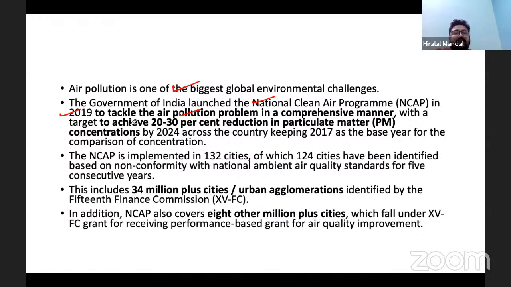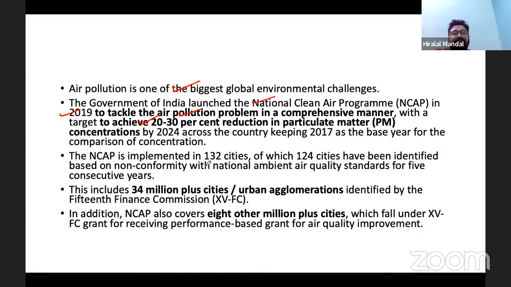It also aimed to achieve a 20 to 30% reduction in particulate matter. Remember, it is the particulate matter whose level has gone up. If you look at PM in various cities, more specifically in Delhi, the PM has gone up. The concentration of PM, that is particulate matter, is what has been tried to be addressed.